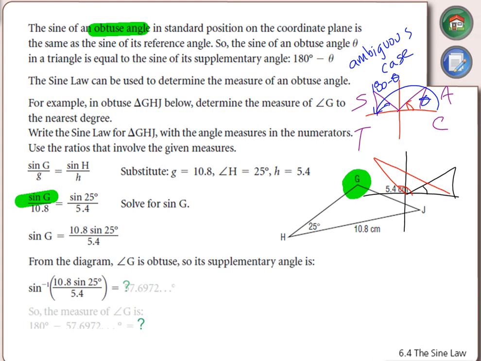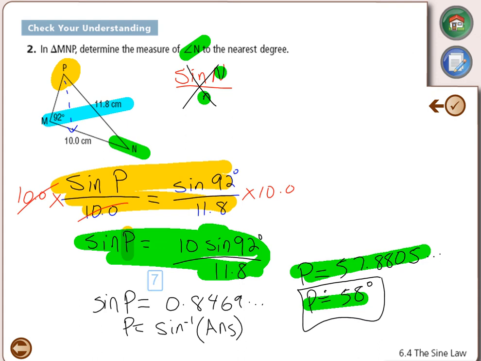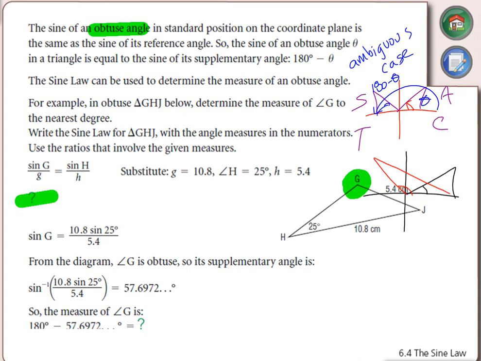We come up with, oh my goodness, 57 degrees. Let's try that again. There we go, 57 degrees. But we know that that was supposed to be an obtuse angle. It'll always give you the acute. So therefore, we've got to do one extra step and do the thinking instead of the calculator doing the thinking. Subtract it from 180 to get 122.